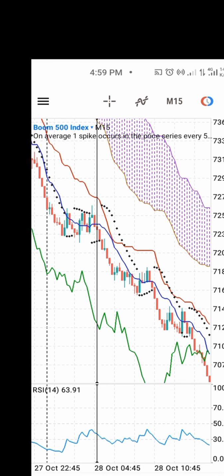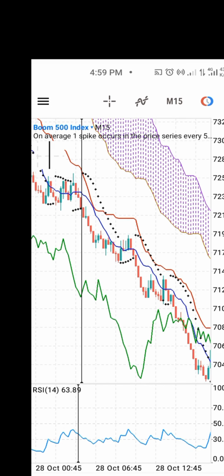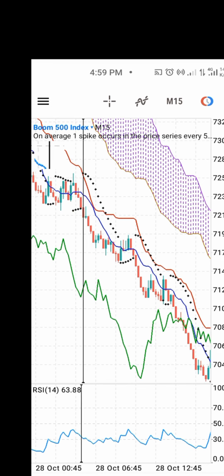Then after that, we wait and enter as soon as the parabolic SAR starts printing above the market price for a sell trade.